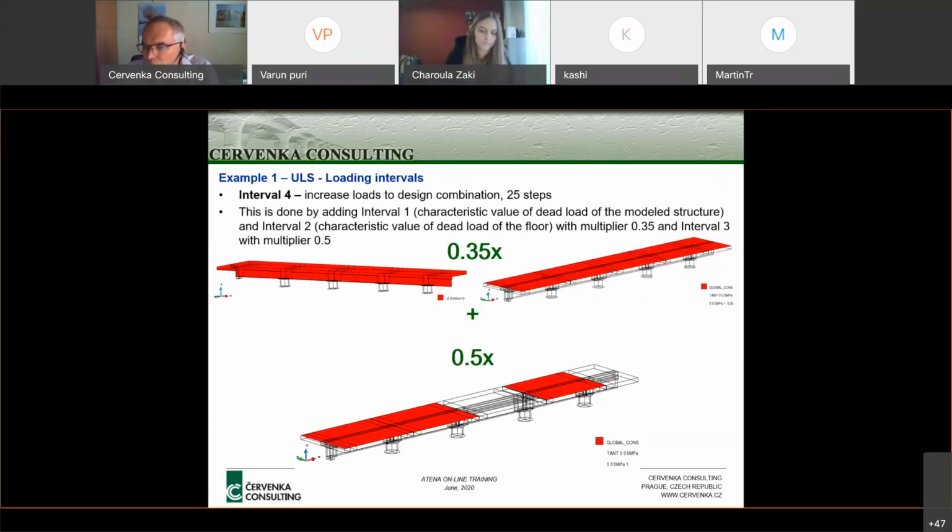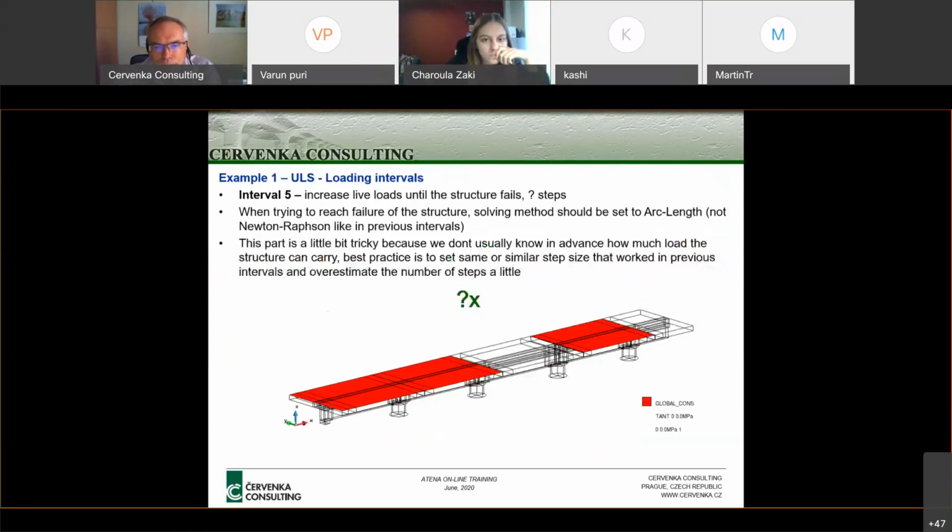That first we apply these loads with factor 1. Then we apply these additional parts of this load to reach the required load combination. And after that, we now want to keep increasing the load to find out the strength of the structure.